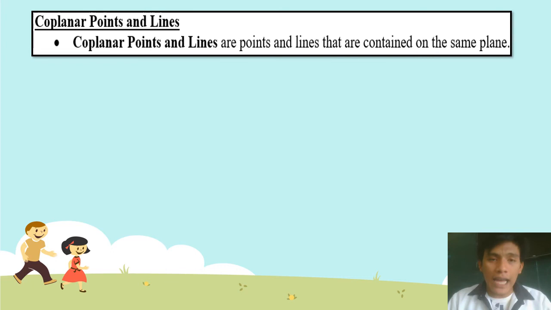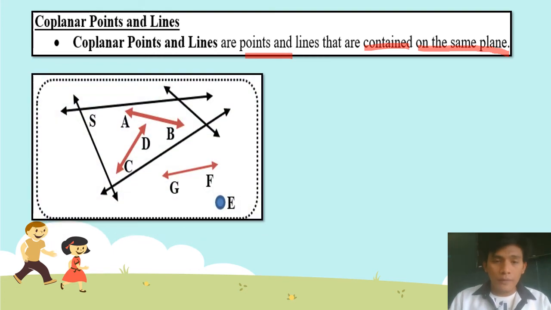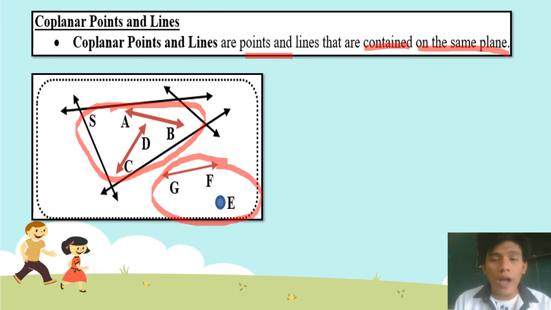Coplanar points and lines. When you say coplanar points and lines, they are points and lines that are contained on the same plane. So we're dealing with points and lines. Example, as you can see in the figure, these are all the points found on the plane, and these are the lines found outside the plane.